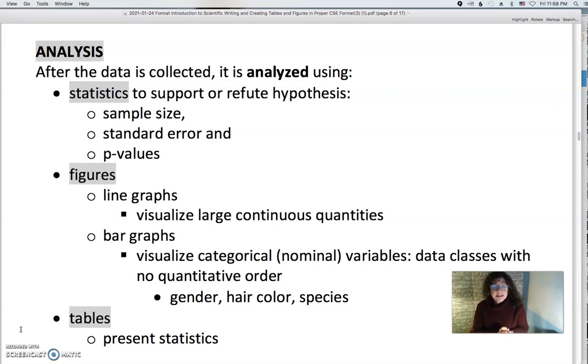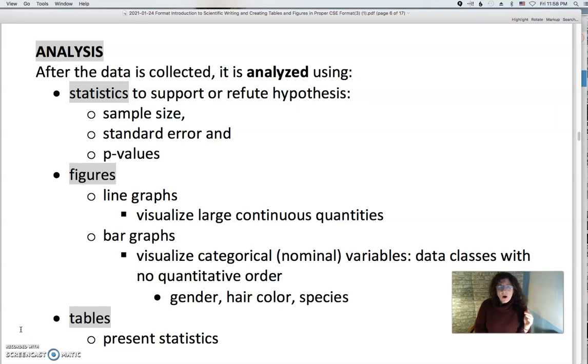That analysis can fall into figures as well, particularly in biology, line graphs and bar graphs. And those line graphs are great for continuous quantities, continuous measurements. Continuous measurements are things like height and weight, which happen continuously.